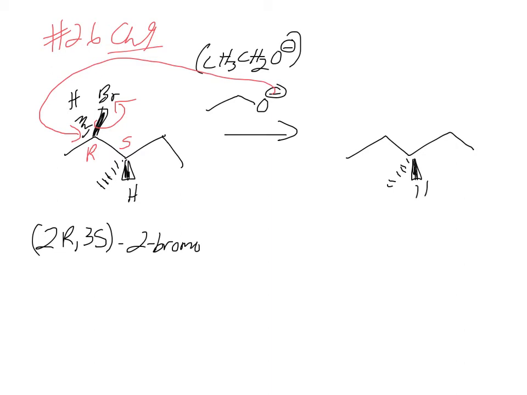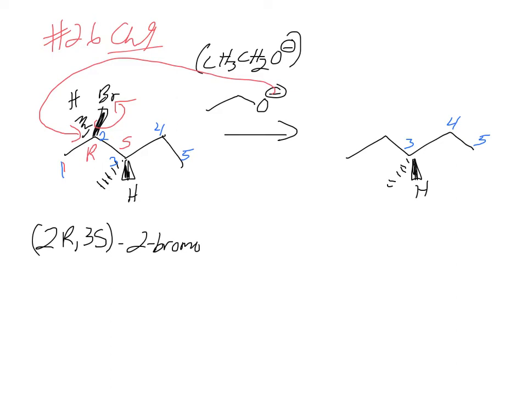So let's not change it. Let's even number them: 1, 2, 3, 4, 5. So it was a pentane. Do any arrows go towards carbon 3 or mess with it? Then you don't change it at all either.